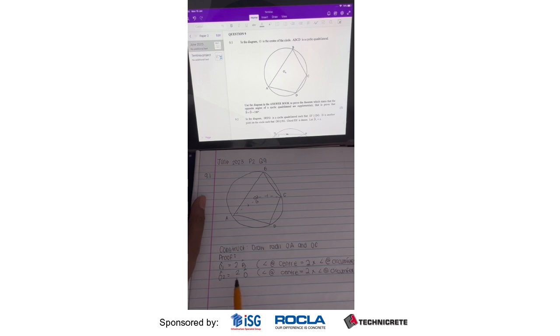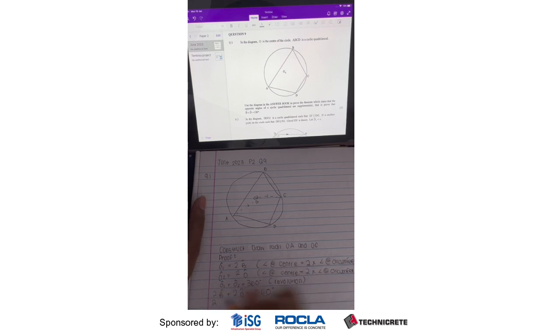Now, the last point is that angle O1 plus angle O2 is equal to 360 degrees, and that is a revolution. Now I am going to substitute for O1 and O2. O1 was 2 times angle B, O2 was 2 times angle D, and they both equal 360 degrees.